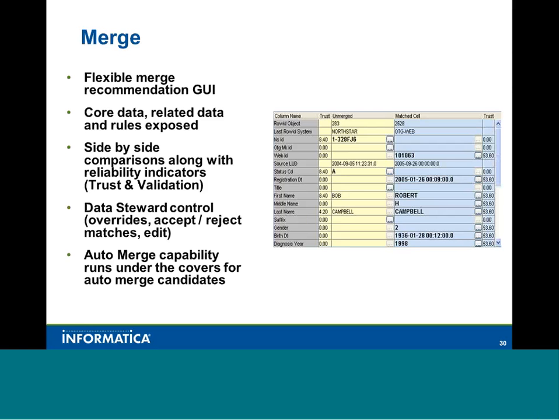But based on the match rules, we can determine that this is probably the same address or the same individual or entity. Also, some of the information is missing in both of these records. So once you merge the records, it'll give you a consolidated view.